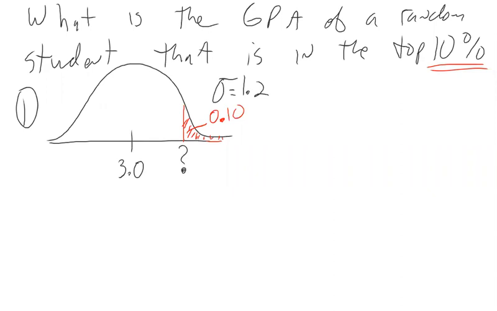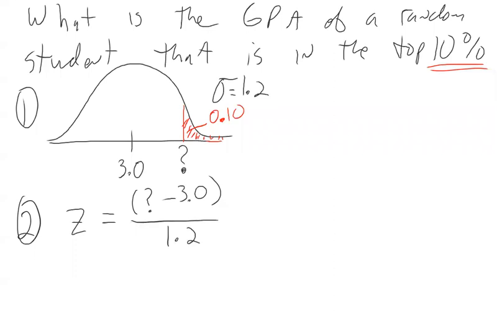So if I go to step 2, like we always do, Z equals, this is usually my X, so I'm just going to put a question mark in here for now because that's what we're missing, minus 3.0 all over 1.2. And then if I go on to step 3, my Z score gives me my percentage.